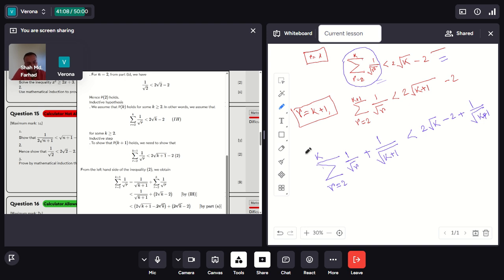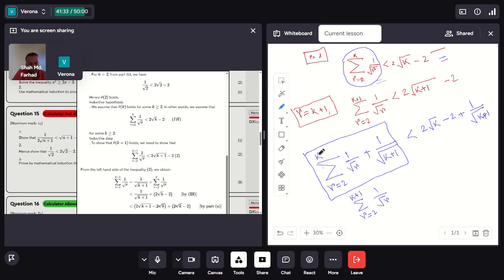So what does this term mean? We can rewrite this as the summation from r equals 2 to k plus 1 of 1 over root r. Is it clear?